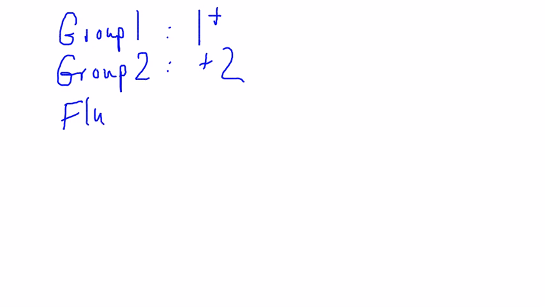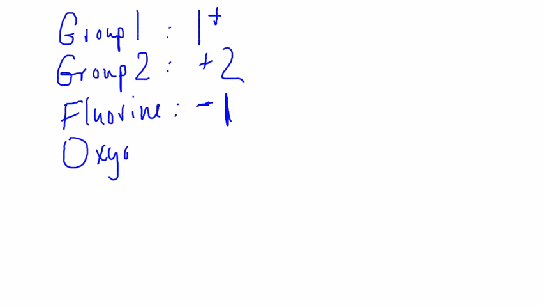Fluorine is the most electronegative atom on the periodic table, so fluorine will always be -1, because it is most likely to gain an electron or pull an electron from another atom.